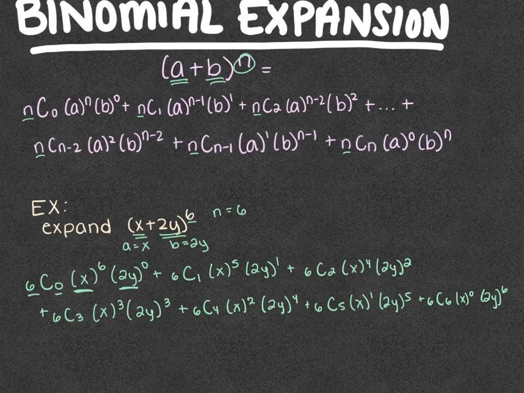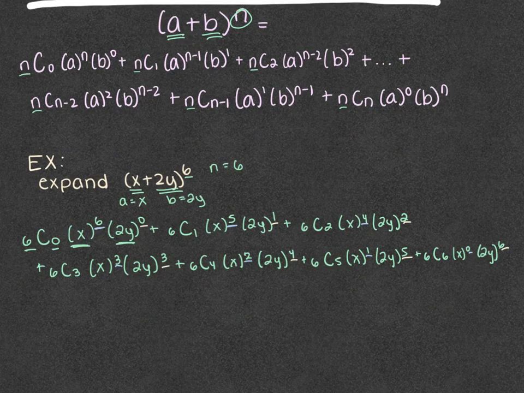So I know that's really long, but if we look at our powers on our first term, we went 6, 5, 4, 3, 2, 1, 0. And we did the exact opposite on our second terms. We started at 0 and went 1, 2, 3, 4, 5, all the way up to 6. And then we have a lot of calculator work to do from here.